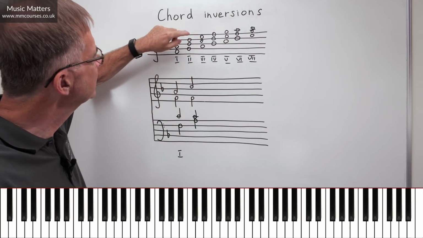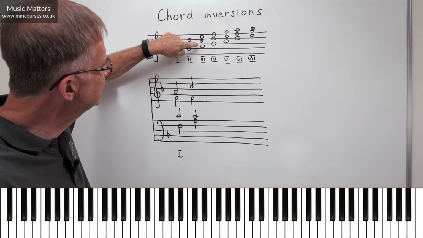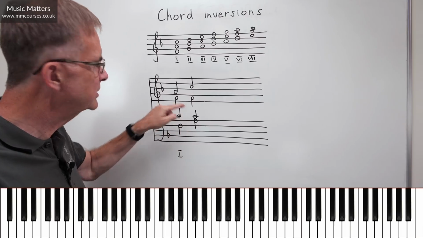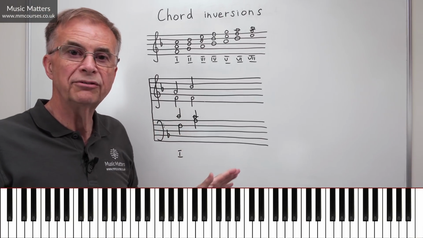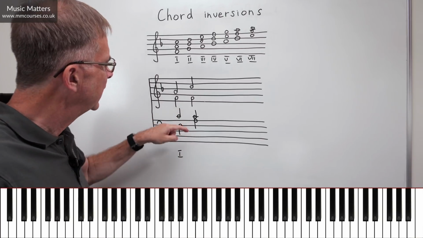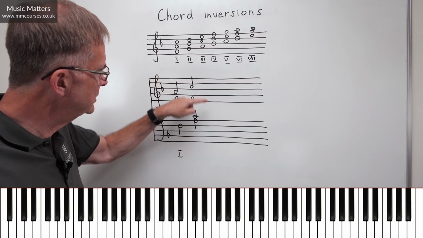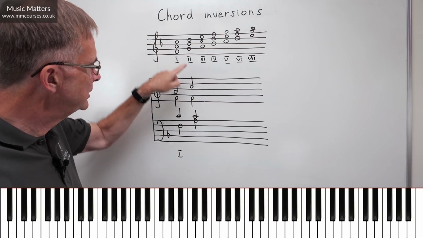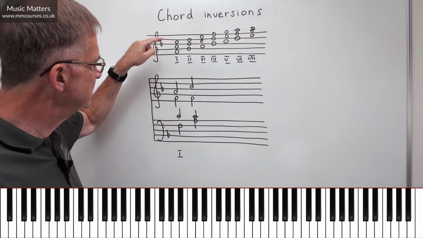Well, it can't be chord 3 because chord 3 should have A, C, and E in it. And this has got F, A, and C in it. So the first thing is, when you're trying to find what a chord is, ask yourself, what are the notes inside the chord and which of these triads fully describes what's going on? So it's definitely chord 1.